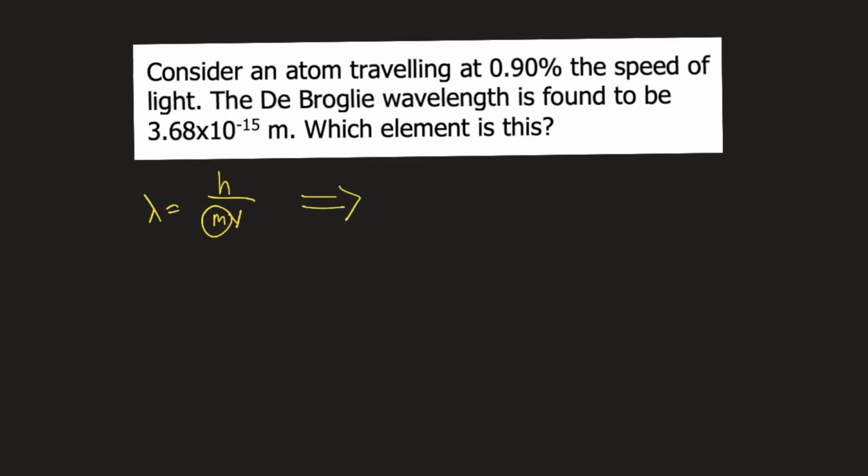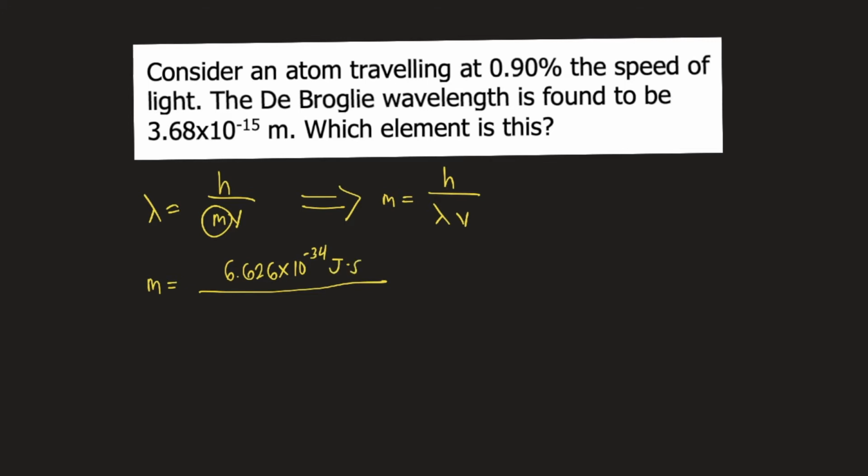It becomes mass is equal to h over lambda v. So if we solve for mass, that is h, 6.626 times 10 raised to negative 34 joules second.